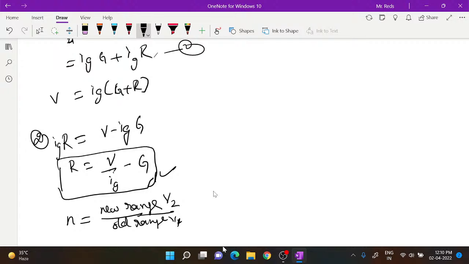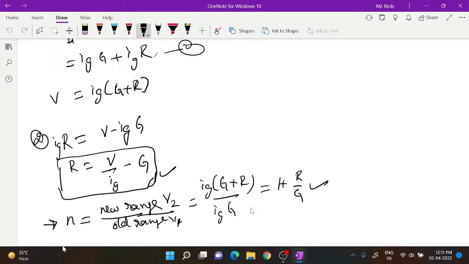V2 is the potential difference across the galvanometer plus resistance, Ig into (G plus R), by the old one, where only the galvanometer is there, Ig into G. Then it gives 1 plus R by G, which is taken as N. Whereas in case of ammeter conversion, N is equal to I by Ig. These relations you have just to keep in mind.